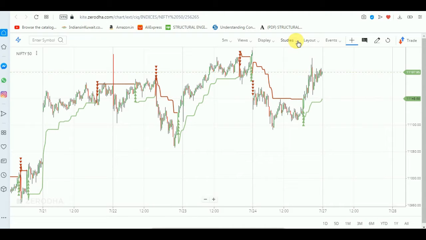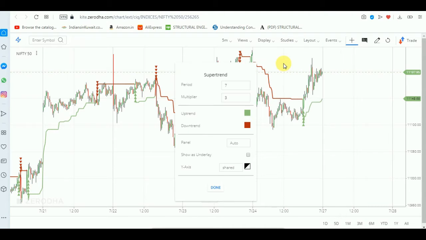So here let us see the settings now. First of all, you can see two major parts: period and multiplier. The basic setting is 7 and 3. Traders, based on their experience or their belief, have their own settings.